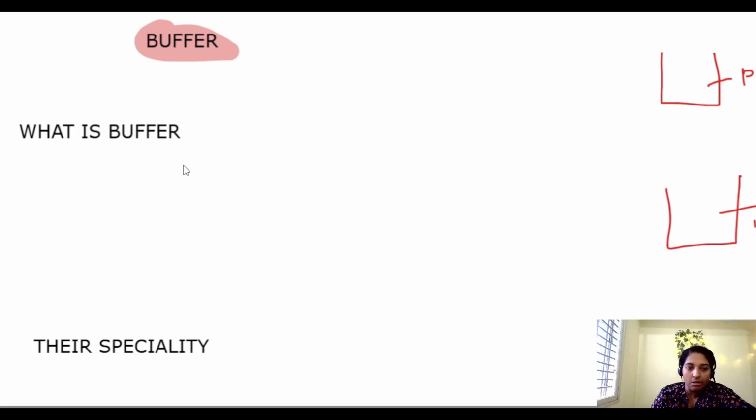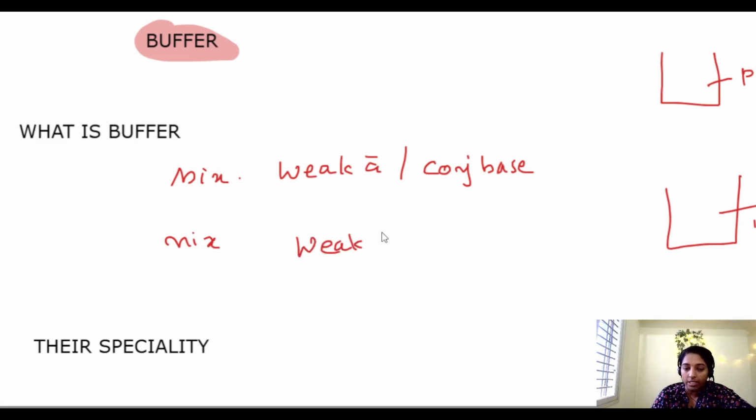So a buffer you can simply define as a mixture of a weak acid as well as its conjugate base, or you can consider it a mixture of a weak base and its conjugate acid.